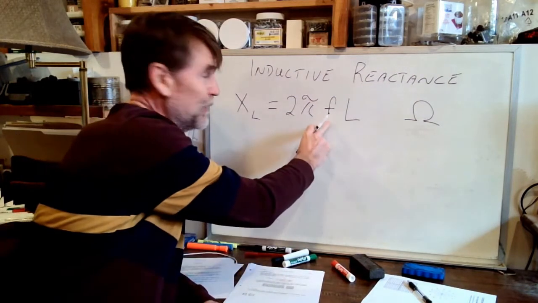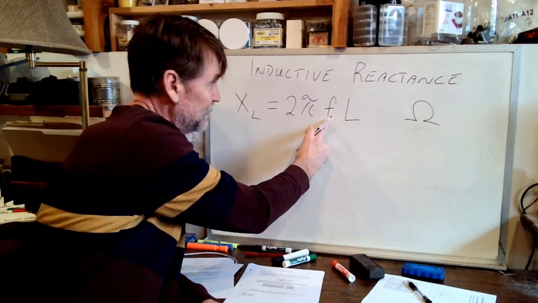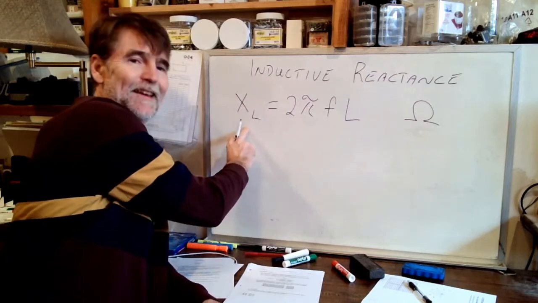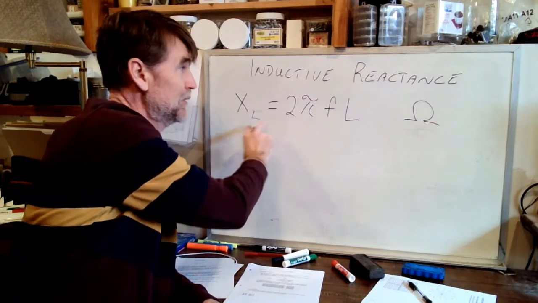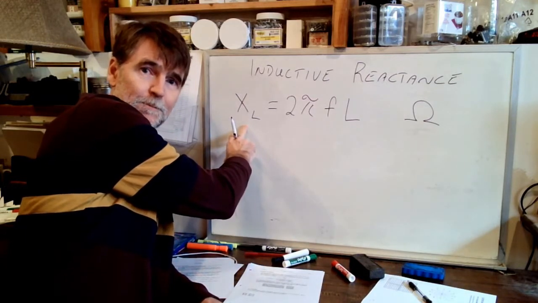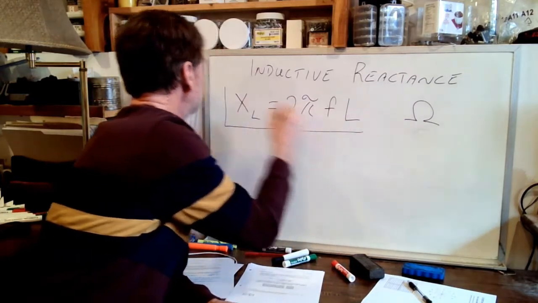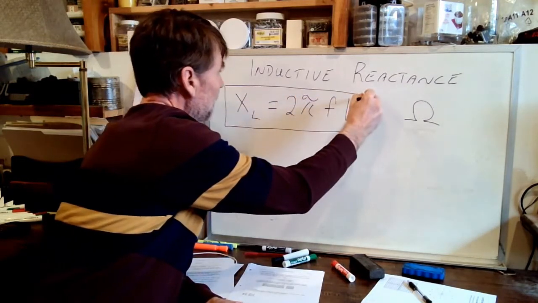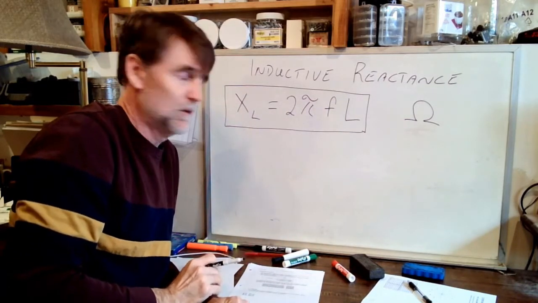Because of the nature of the equation, an increase in frequency is going to result in an increase in the reactance. So the faster things change, the more we're going to push back against it. So that's the equation. I'm going to put a square around it to highlight it because it's pretty important.